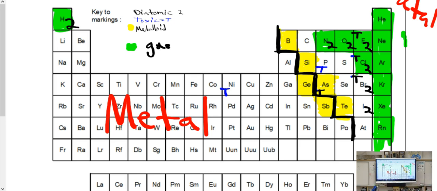I just go like this, as long as it's the color. That's all I need to know.